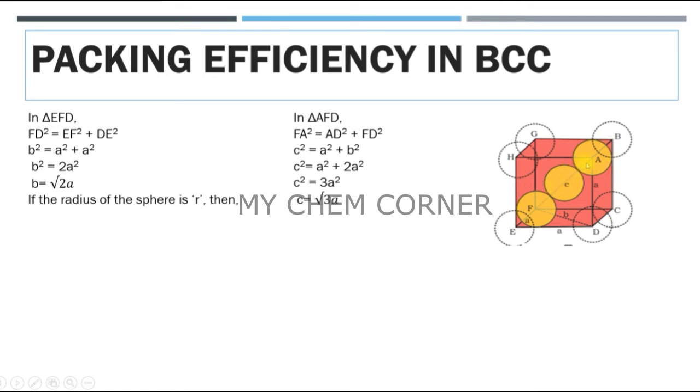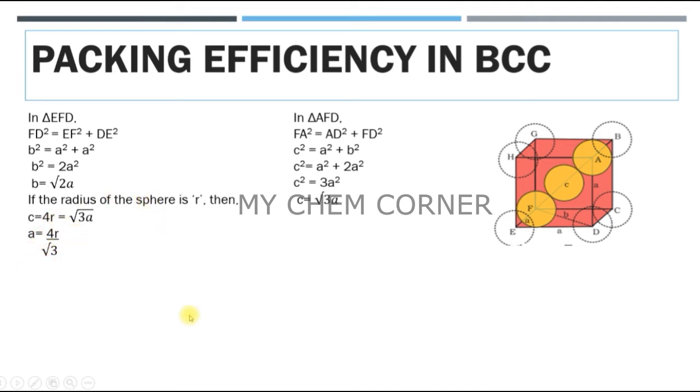So total we have 4 radius. So therefore, C is equal to 4r. On C we have 4 radius, which is equal to root 3A. Now when we simplify that, you will get A is equal to 4r by root 3, because we need the value for edge length. So A is equal to 4r by root 3. Now we'll keep this aside.